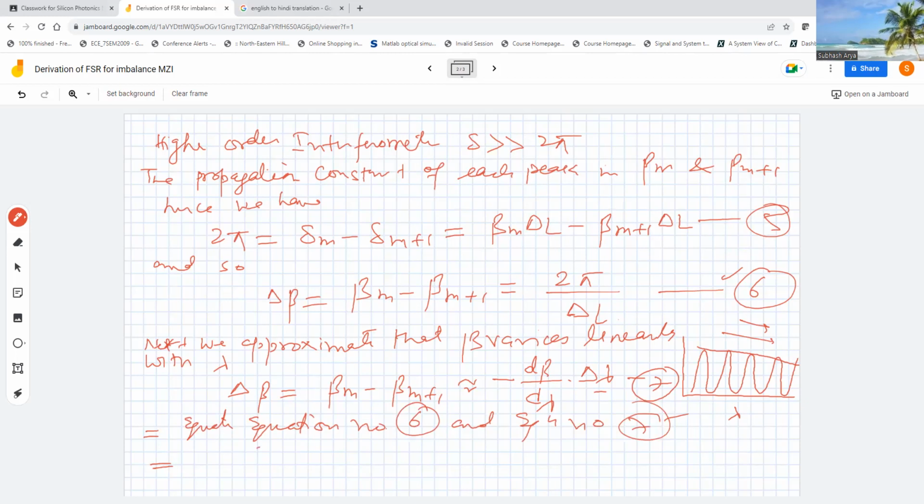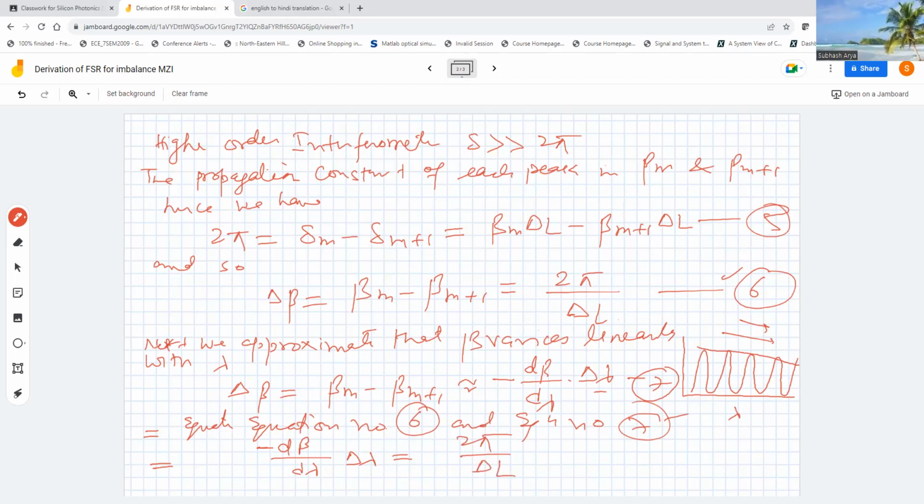So we can write here minus d beta by d lambda into d lambda is equal to 2 pi by delta L. This we have just equated.